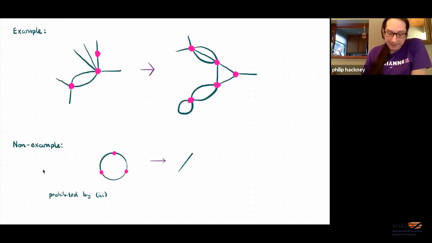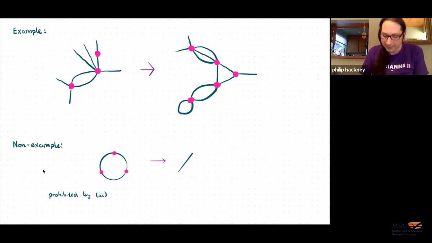So first I'll give a nice example and say how I view such a thing, or how I think about them. First of all, there's supposed to be some map on oriented edges or arcs. I'm not going to write that down, but what I will say is what happens on vertices.